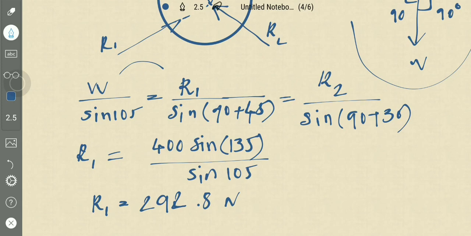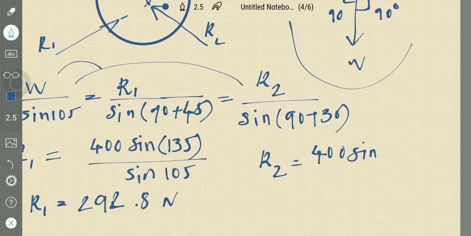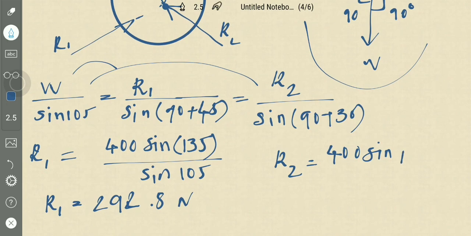And if you consider these two, R2 is equal to 400 sine 120 divided by sine 105 degrees.